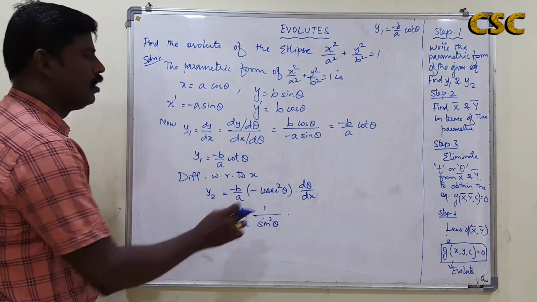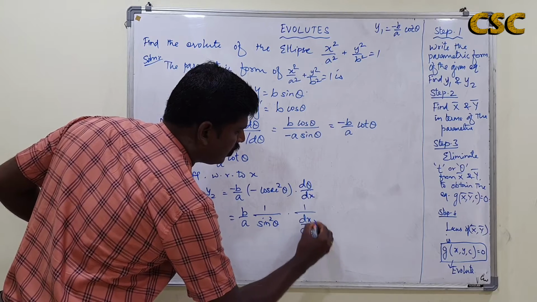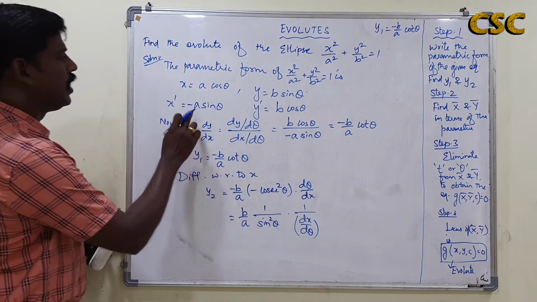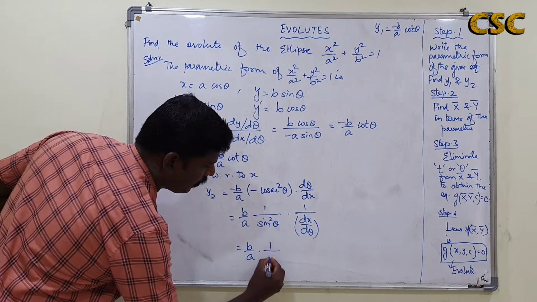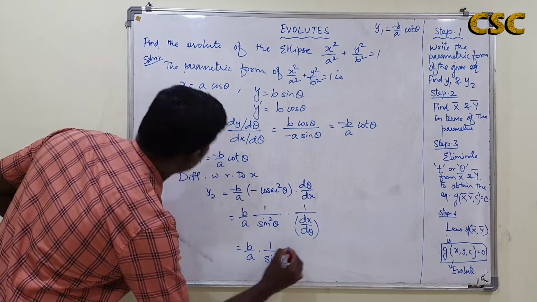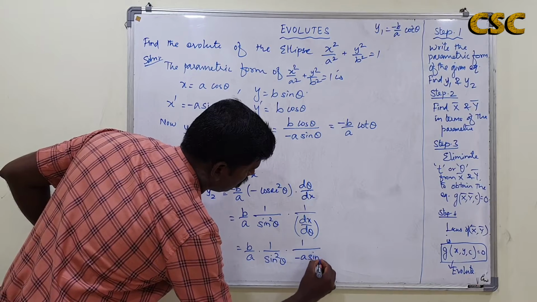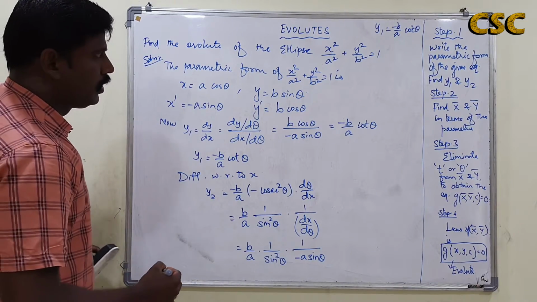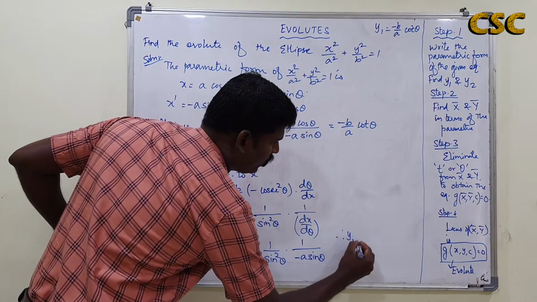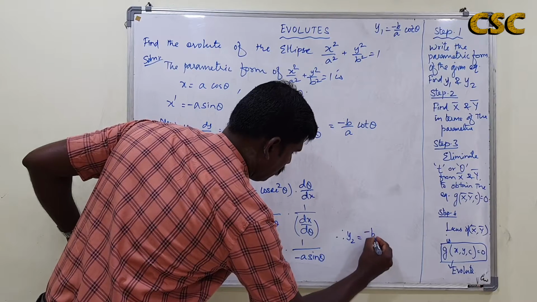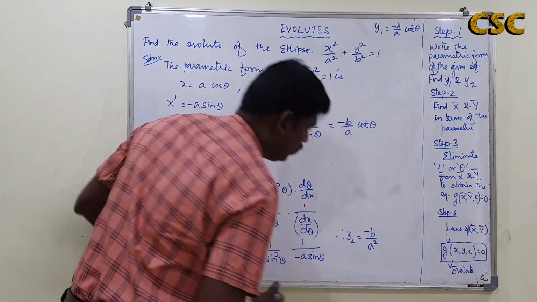So d theta by dx. What is this one? Reciprocal of dx by d theta, isn't it? So what is this value? This is x dash, minus a sin theta. So b by a into 1 by sin square theta into 1 divided by minus a sin theta. Right? So what is y2? Therefore y2 is equal to minus b by a square sin cube theta, isn't it?